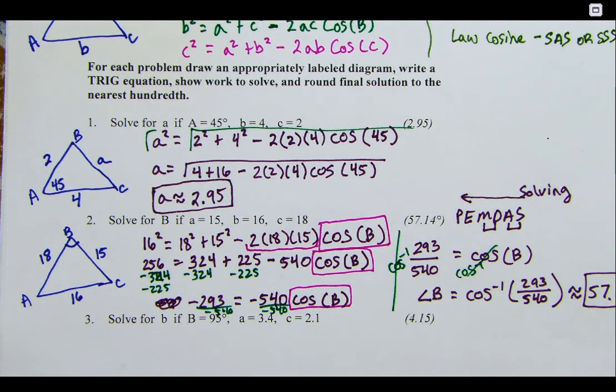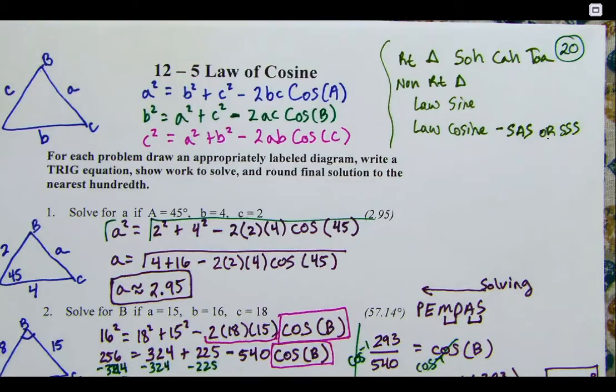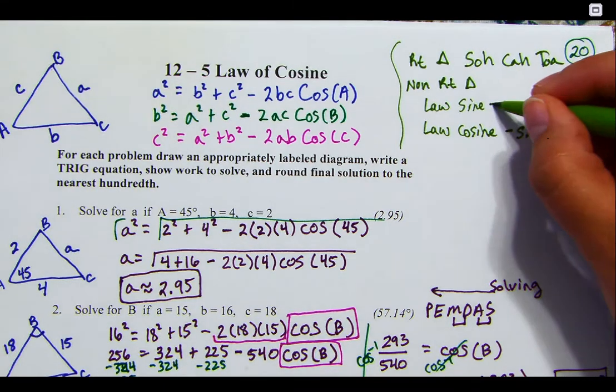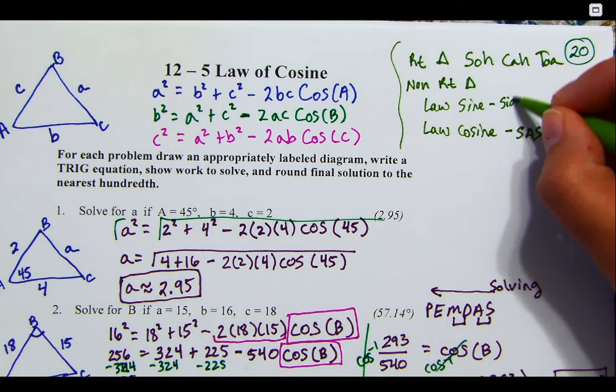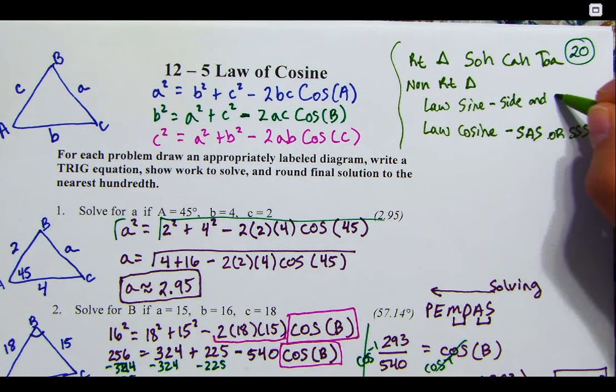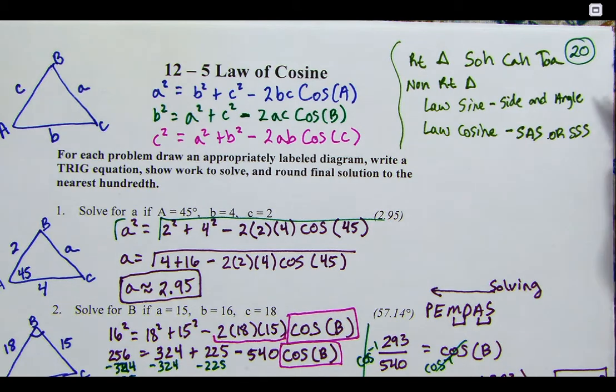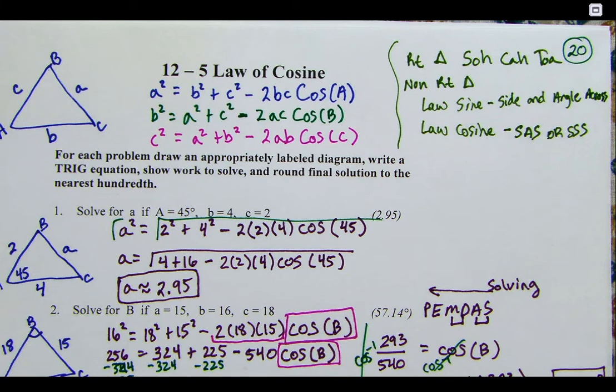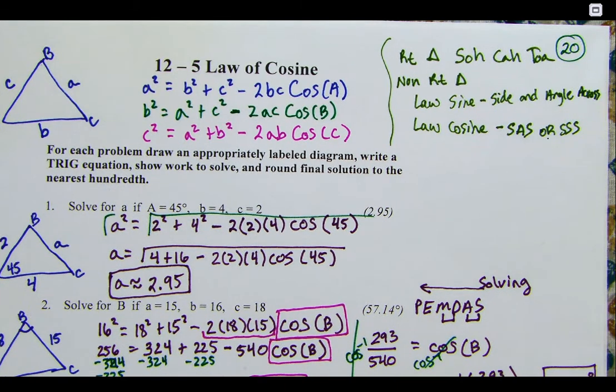If we don't have one of those two things, then we are using law of sine. What's important about law of sine is that we need a side and angle across. That's how you know when to use each of these.